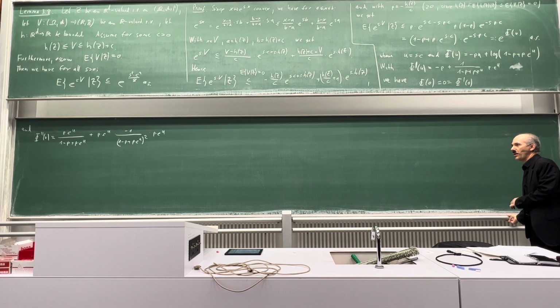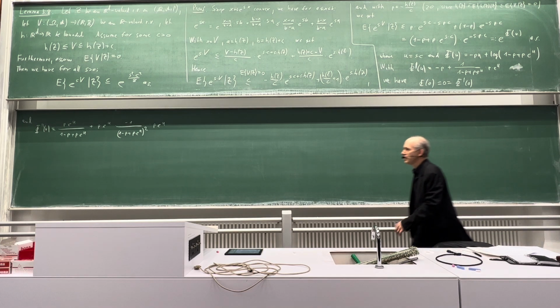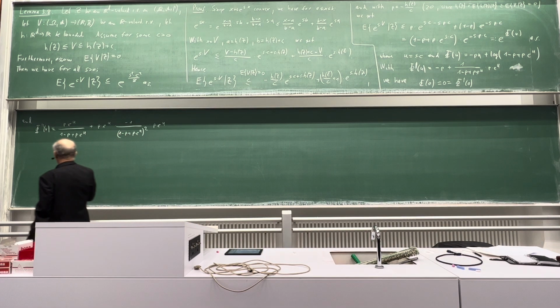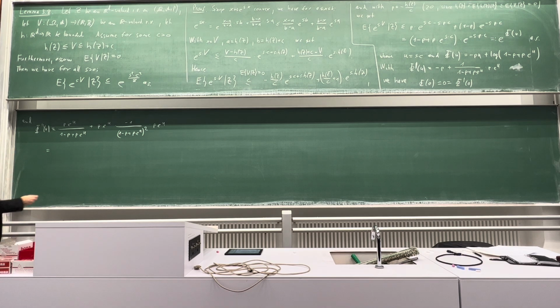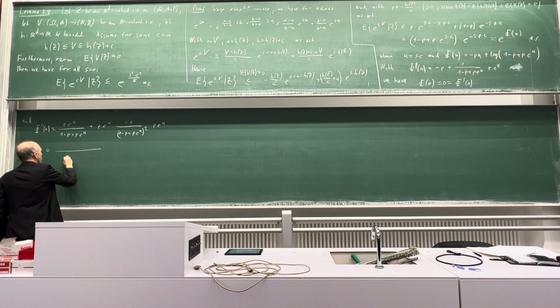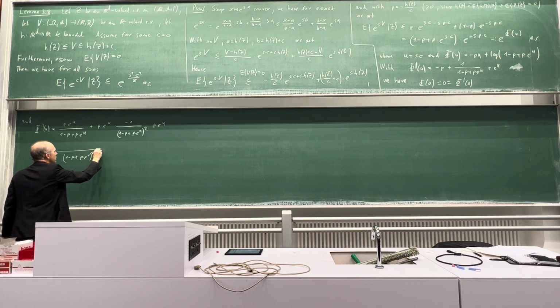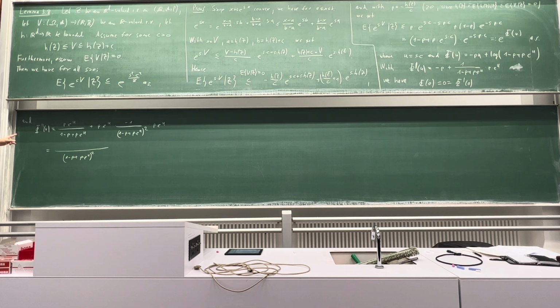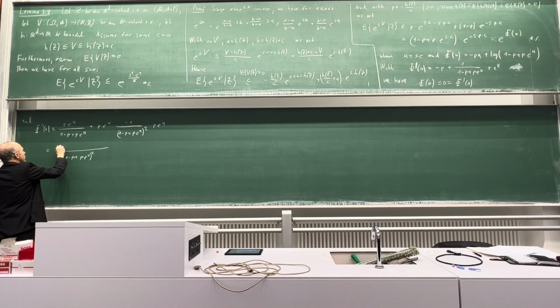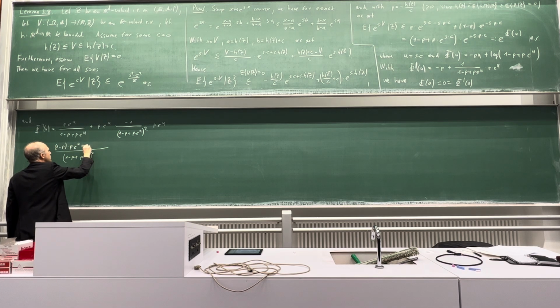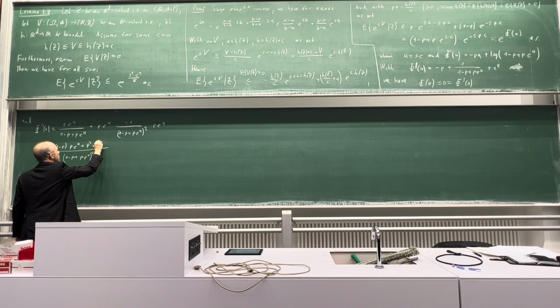And now we write this a little bit in a clever way. The common denominator is 1 minus p plus p times exponential u, squared. And then I have to multiply p times exponential u with 1 minus p plus p times exponential u. So it's p times 1 minus p times exponential u plus p squared times exponential of 2u.